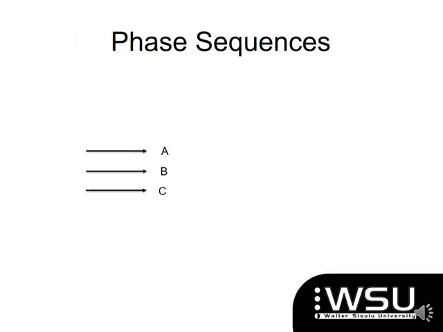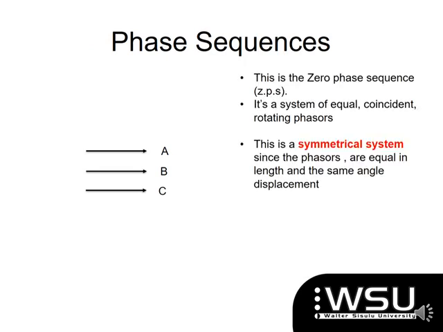Then we look at a new one that we haven't seen before, called the zero phase sequence. In the zero phase sequence, your phases are equal in magnitude, but they are no longer 120 degrees apart. Instead they are coincident, which means they are exactly at the same angle.